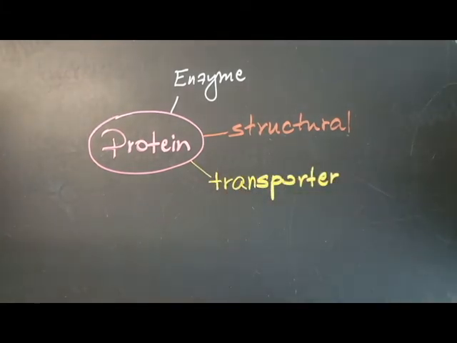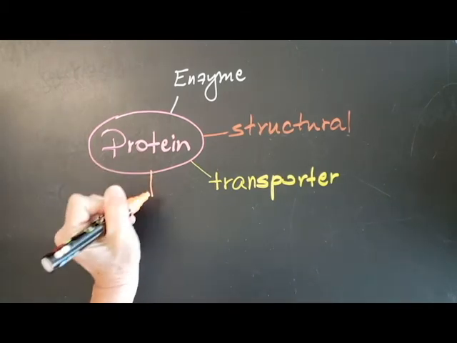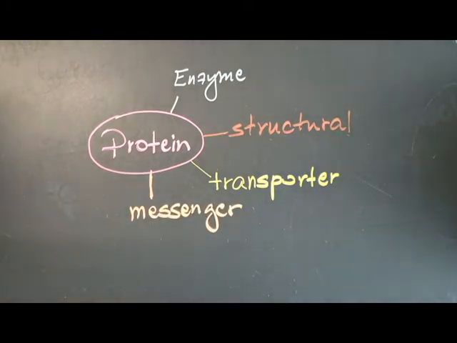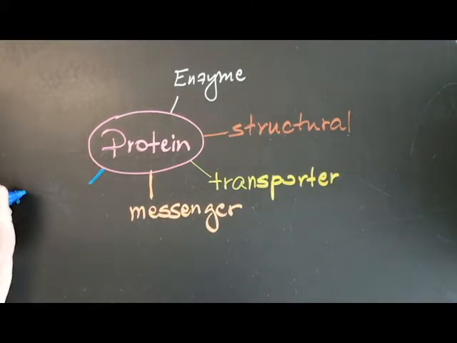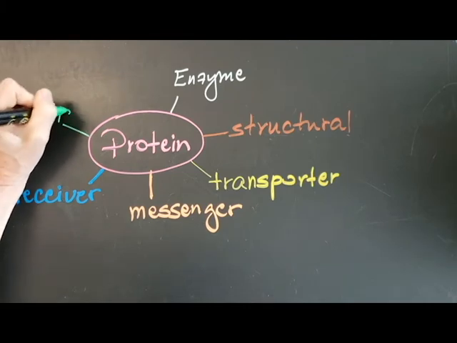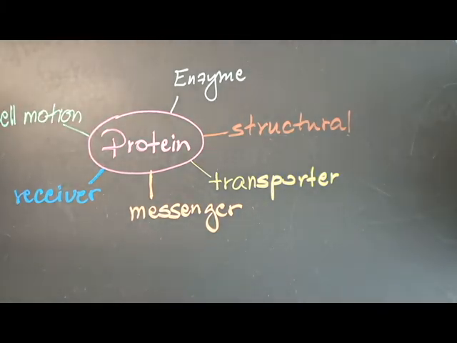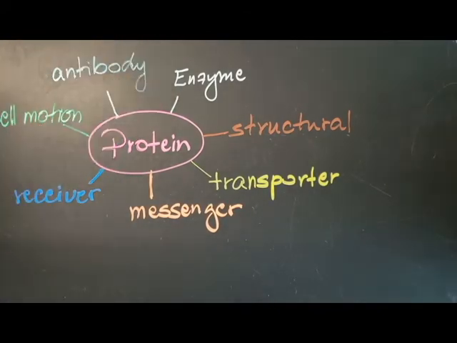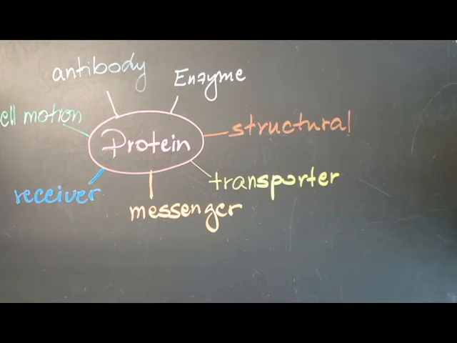It can serve as a transporter for ions and molecules around the cell membrane, can function as a messenger for cell communication, as well as a receiver for cell communication that receives the signal. It can make the cell move and also serves as an antibody, a defensive protein against infections.